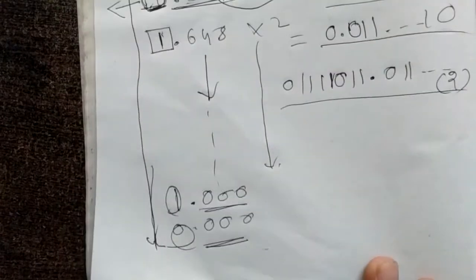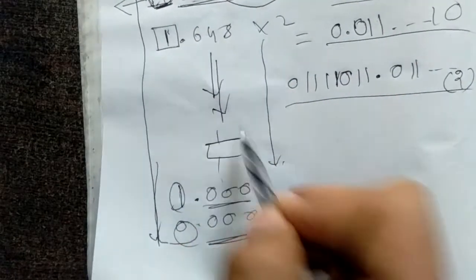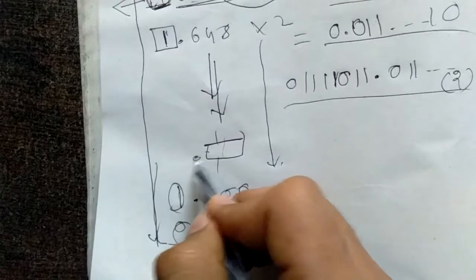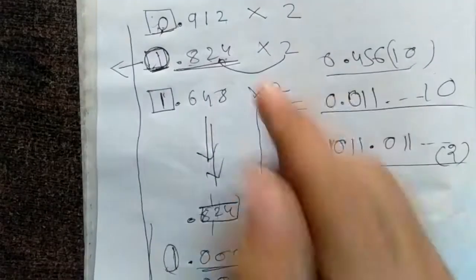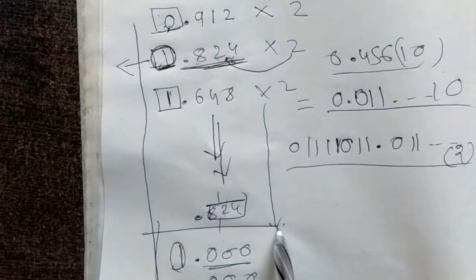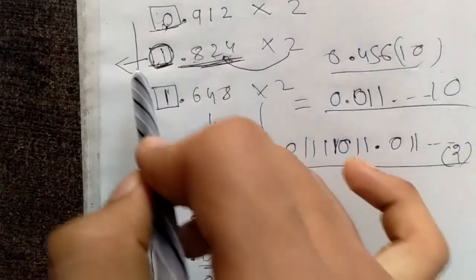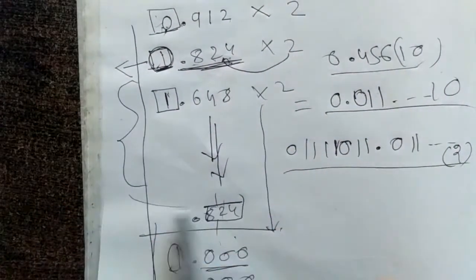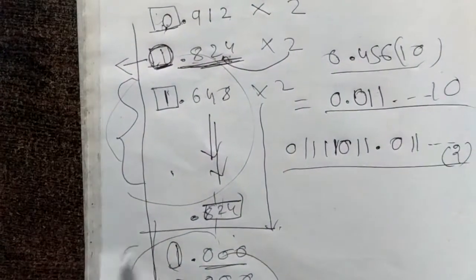Now, sometimes after a certain point of multiplication you get repetitions. If I get again 824, which we already got, we can stop over here. Why? Because it is called a recursive multiplication. In recursive multiplication, after we have a set of values, the same set of values will be repeated.